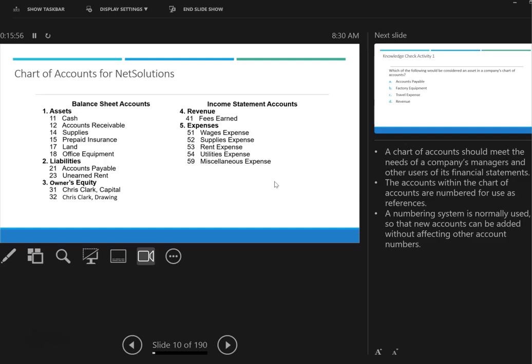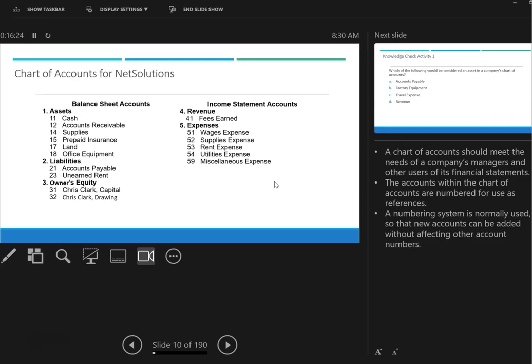In the owner's equity section, we see Chris Clark Capital. That's money that he's put in the business. And Chris Clark Drawing is the money he's taken out of the business. Then we have the income statement accounts. The income statement only shows revenues and expenses.